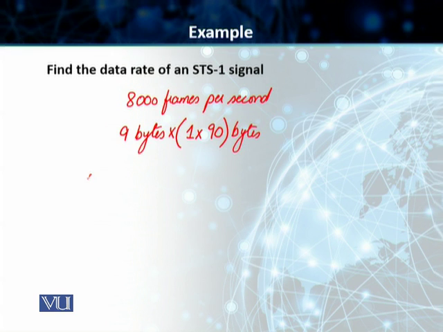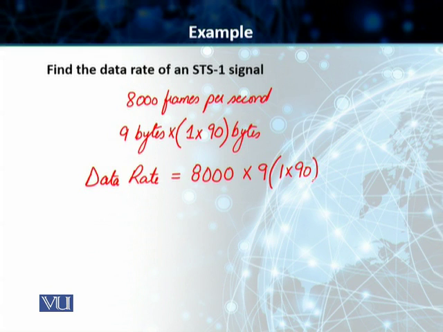So students, to calculate the data rate we will multiply these together. You will have your frame rate, which is 8,000, multiplied by 9, and then 1 into 90, and this comes out to be 51.84 megabits per second, and that is what I showed you when we were talking about STS signals as well.